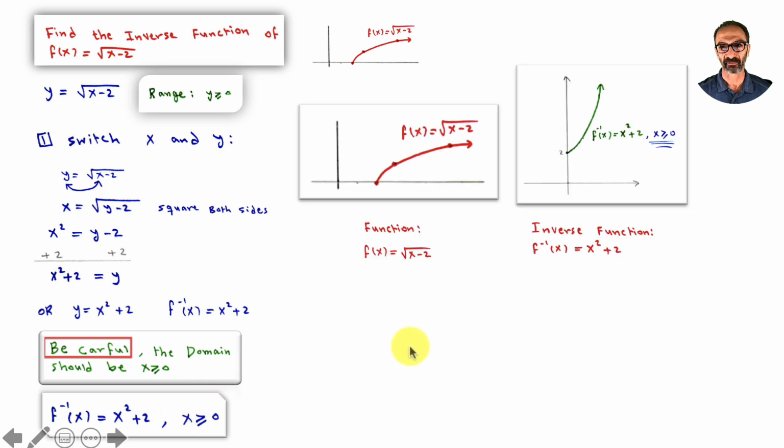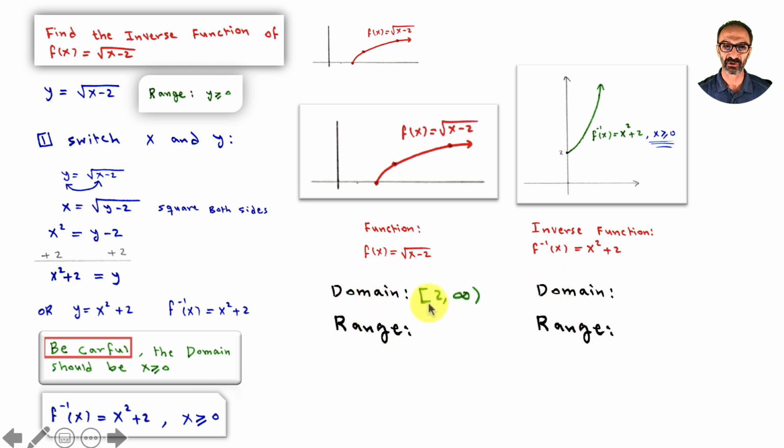Let me show you the graph. This is my function. This is the reflection. The range right here is from 0 to infinity. The domain here is from 0 to infinity. We have the function, we have the inverse function, and that's an inverse function. Domain and range, domain and range.